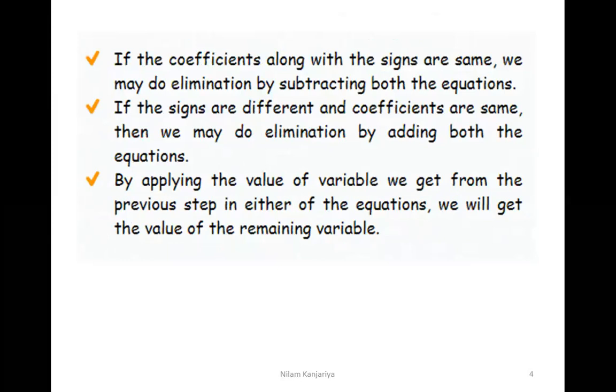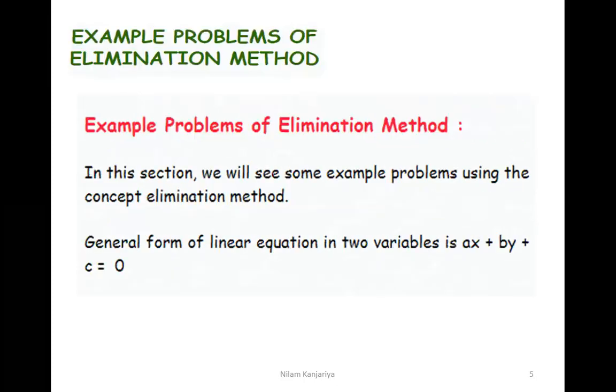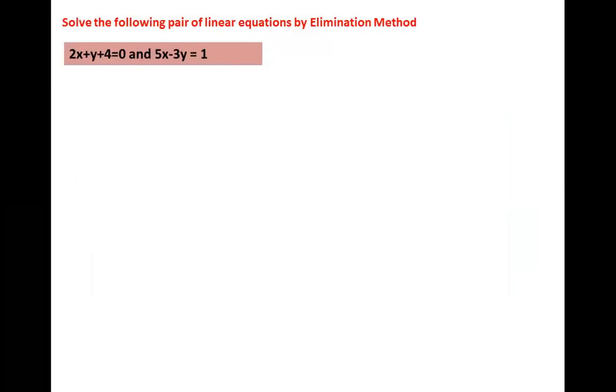If the signs are not opposite, then you can make them so by multiplying by a negative number. If both coefficients are same and the sign is different, you can eliminate that. Elimination means you can add both equations and you get one variable. After getting the one variable, you can put it in the other equation. You should get both variables. So these are the simple procedure to find x, y, and so on.